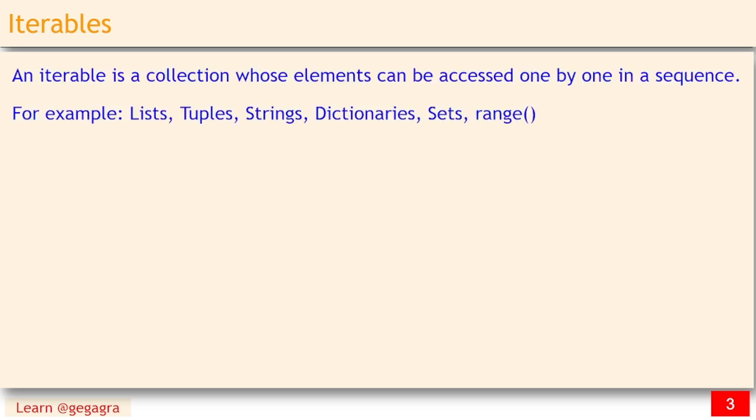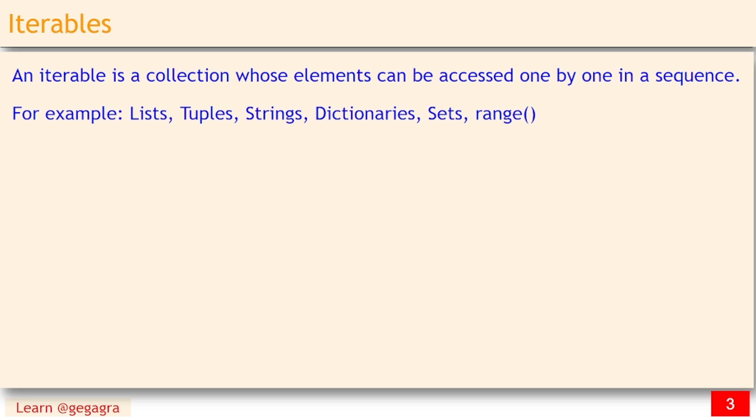So in this part I'll discuss iterables. So what is an iterable? An iterable is a collection whose elements can be accessed one by one in a sequence.